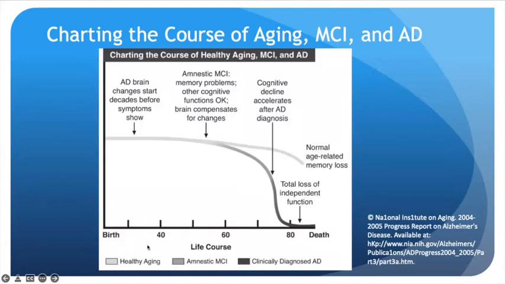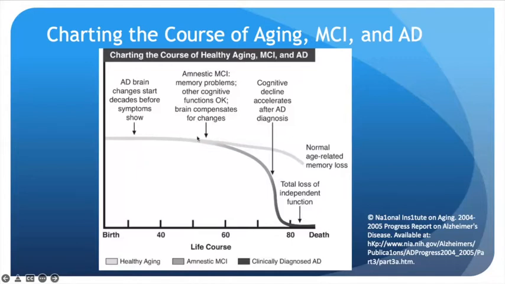Here's the life course on the x-axis, and you might consider this to be function or ability, or cognitive ability, I suppose. Before 40, in Alzheimer's disease, the brain changes might start neurophysiologically decades before the symptoms actually show up.